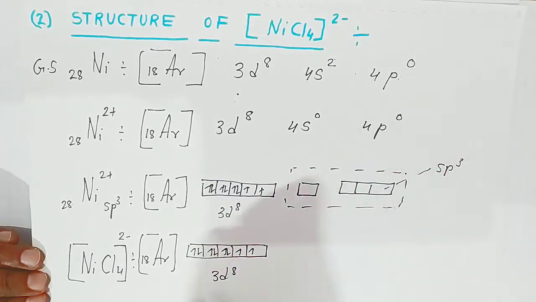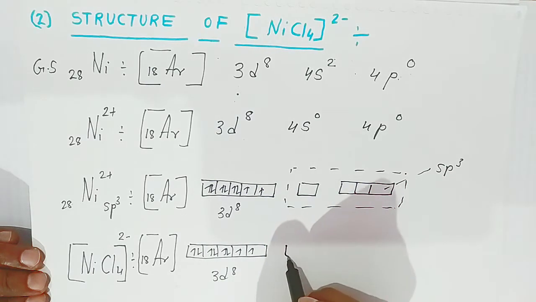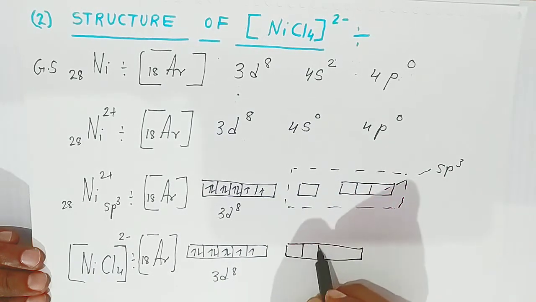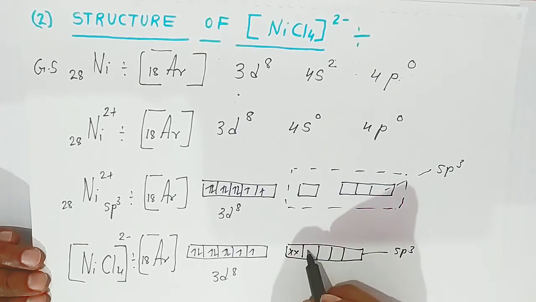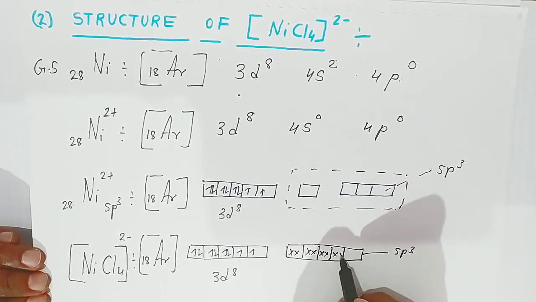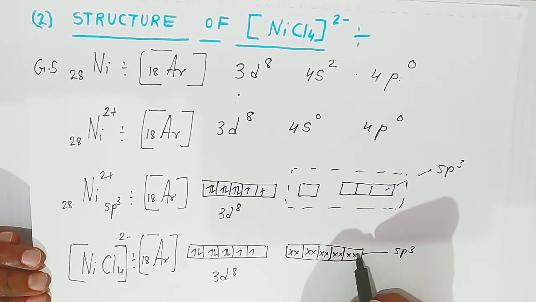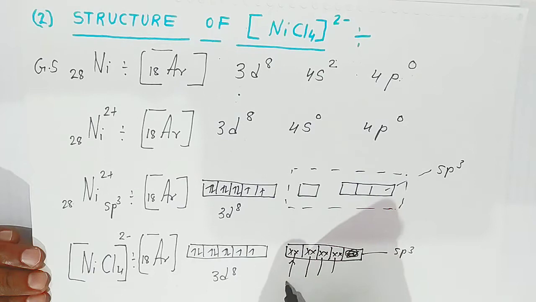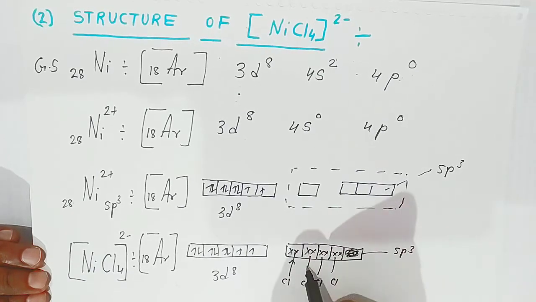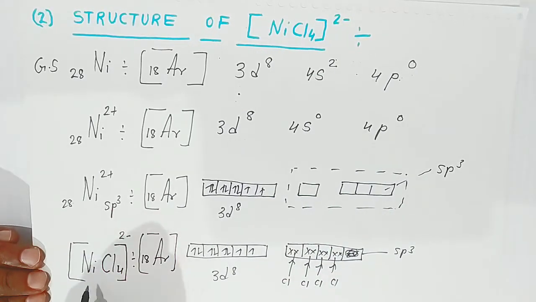Now what happens, students? These are the 4 sp3 hybrid orbitals. Now all the electrons are given by chloride, 1 pair each. So these are the 4 pairs that are given by chlorine. So it will form nickel tetrachloride.